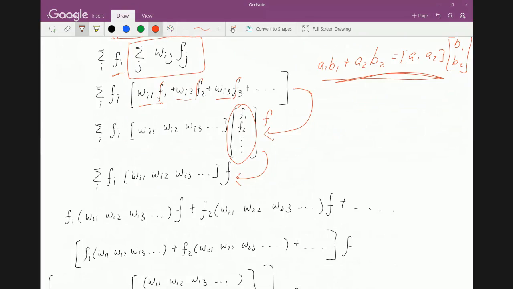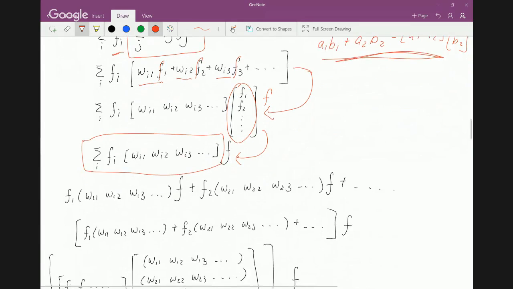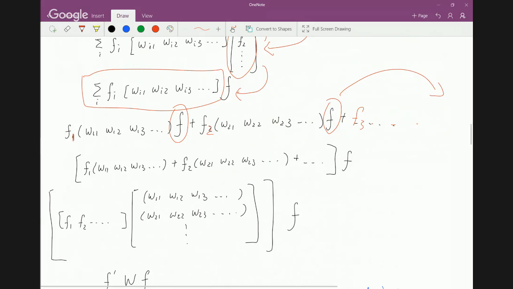Now we look at this part here. If we look at this part, you see that, well, this is F1, and then F2, and F3, and so on. Now, at the end, F, that's all the same, so we can move that out again, like this, right here. This is F right here. And this part, now imagine this as A1, B1, A2, B2.